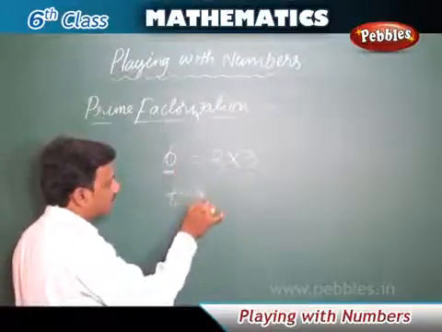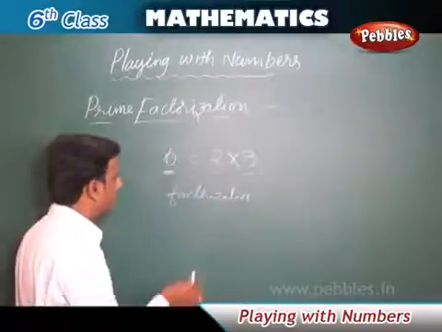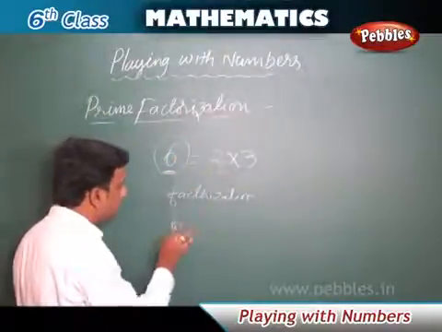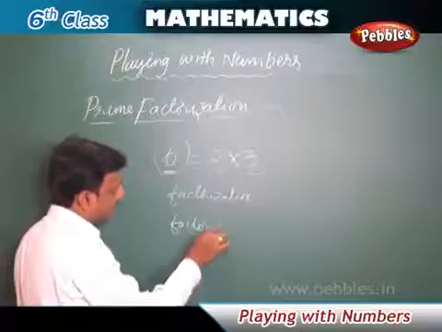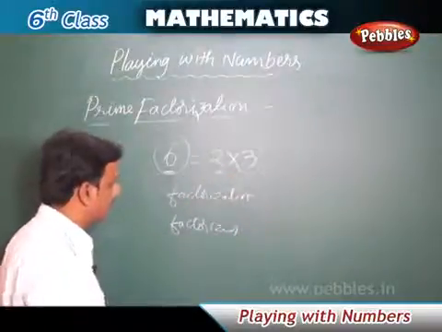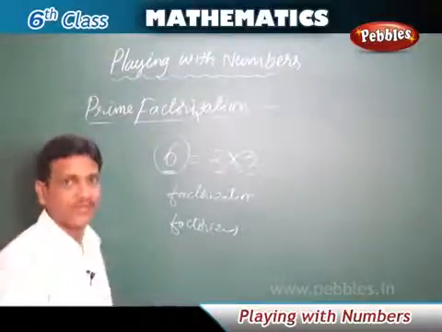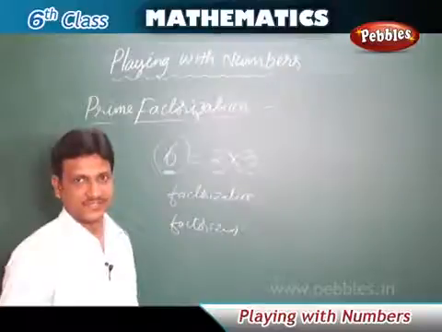So here the factorization of 6 is done. The 6 is factorized because we have written the factors for 6. This process of writing the factors of a number is called factorization.